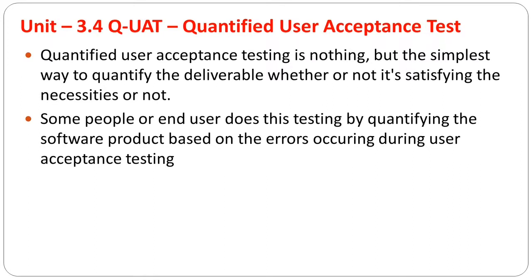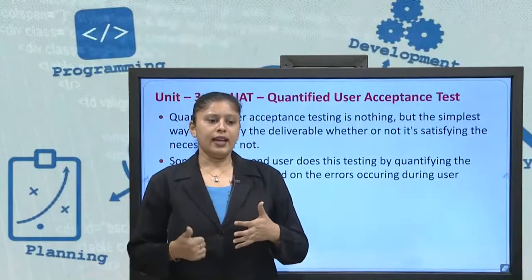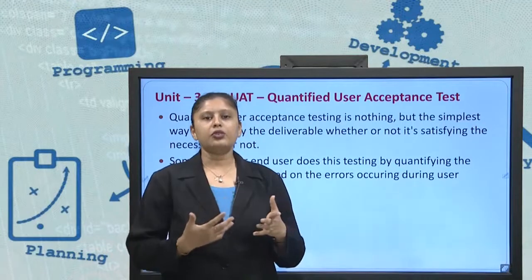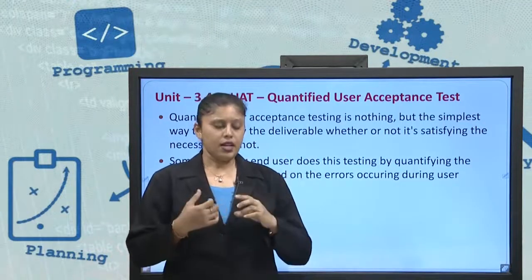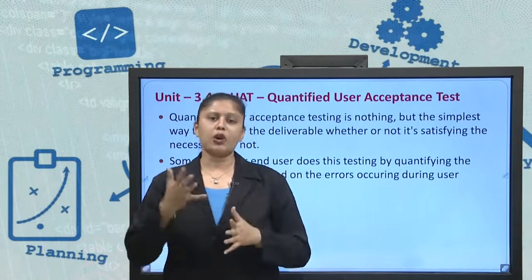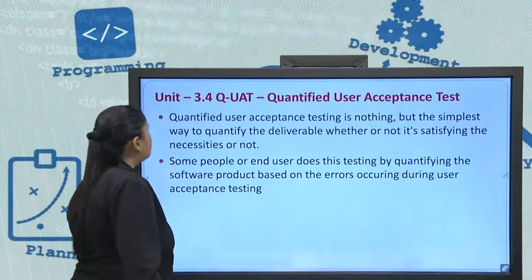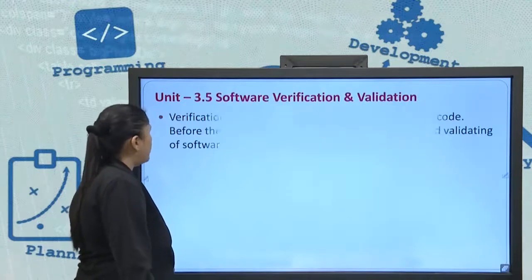So while users are testing my product, if they encounter some errors, those errors also are counted into the QUAT. Alright, if there are many errors, then that means the product is not sufficiently proper, right. So that is also counted into QUAT, right.